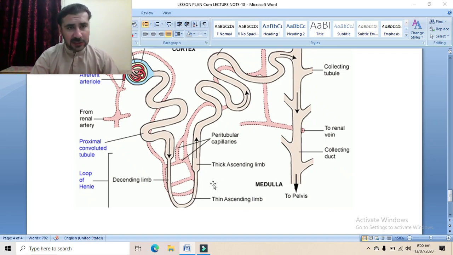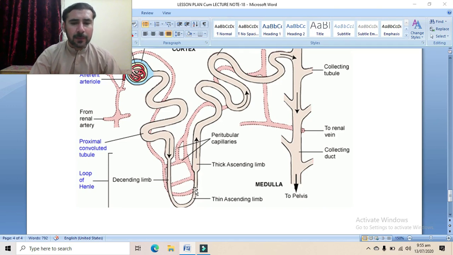What happens in this process is that in this ascending limb, whenever the glomerular filtrate moves inside this limb, through the use of energy, sodium chloride ions are expelled out from this filtrate into this space. The solute molecule, the sodium chloride, is removed from here.